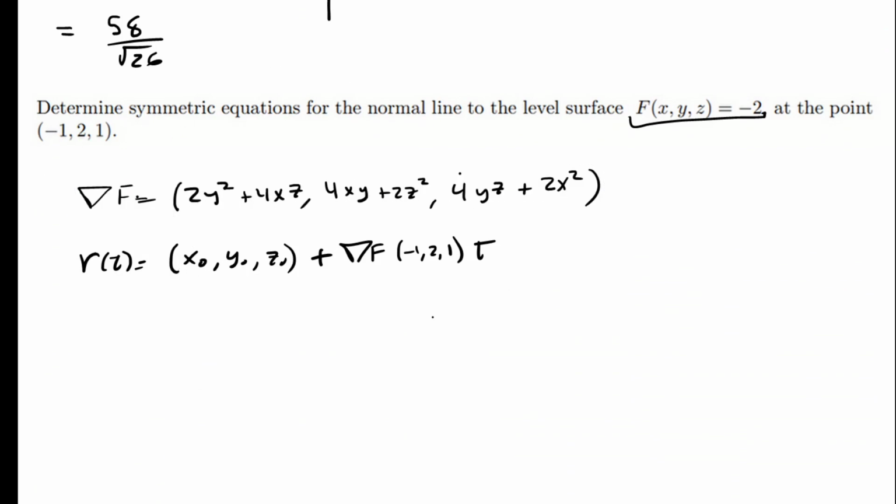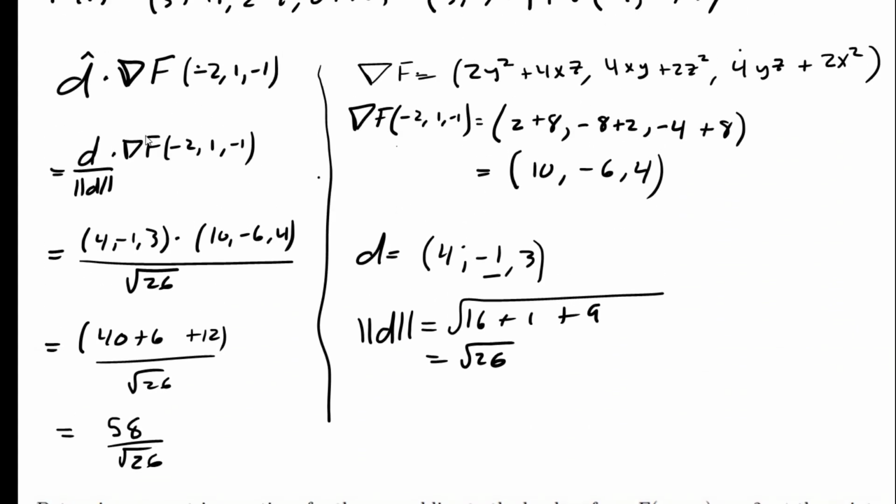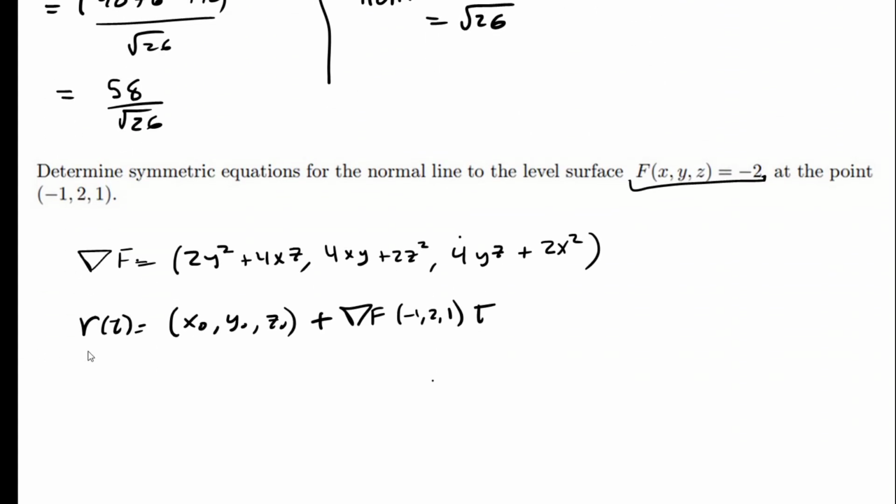Okay, so we have our gradient. We need to evaluate it at -1, 2, 1. That's different from what we had, right? So gradient of f at -1, 2, 1. That's going to be, so it's 8 and -4. Here we have -8 and 2. So that's plus.